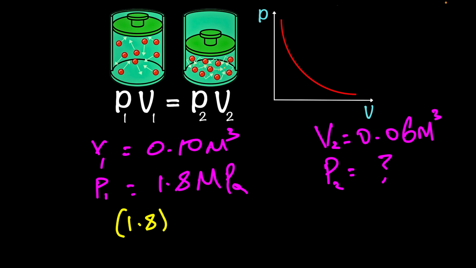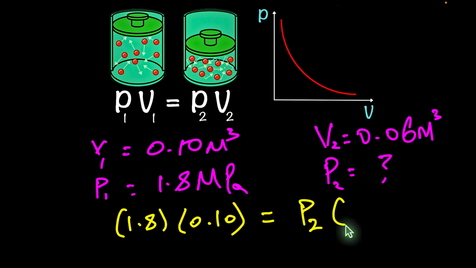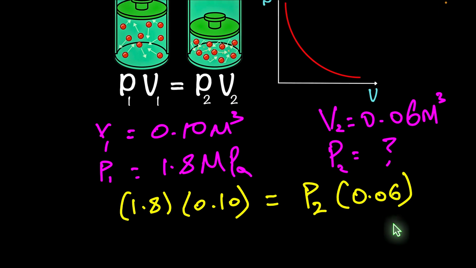Our volume is already known, so our volume is 0.10 for the initial volume. And then what's changed is the final volume, so we don't know P2, and the final volume is now changed to 0.06.